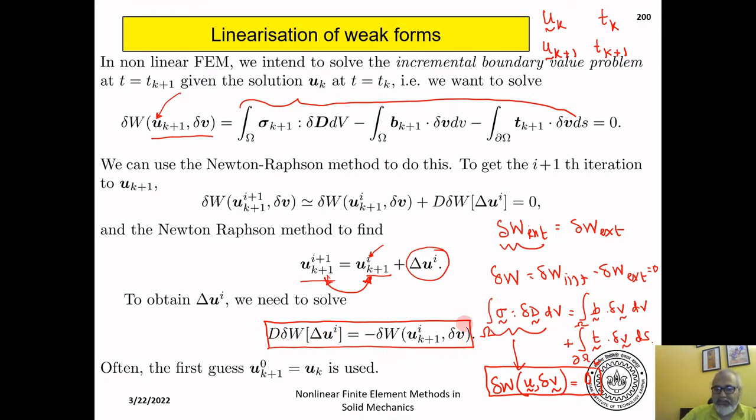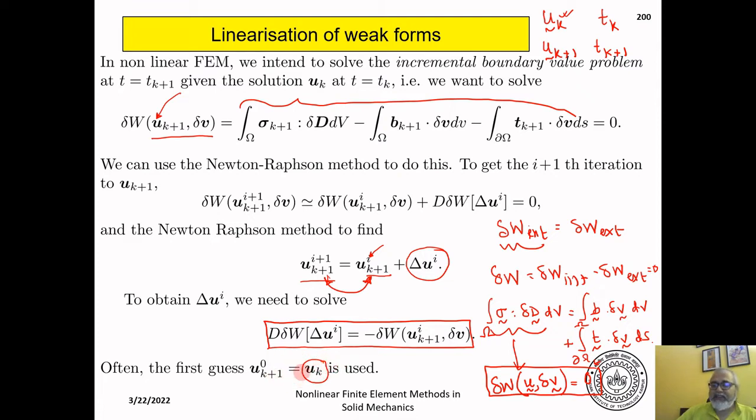So this is the equation that we need to solve in nonlinear finite elements. And very often, since you know the solution at UK, the 0th iteration, the first guess to solving UK plus 1, is most often the value at the kth time step.